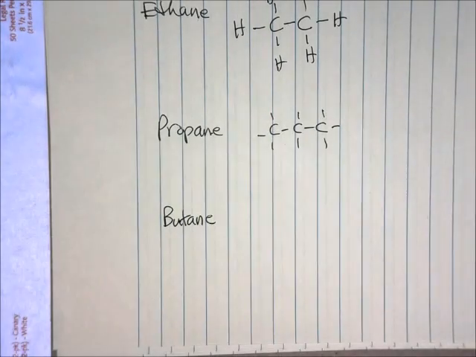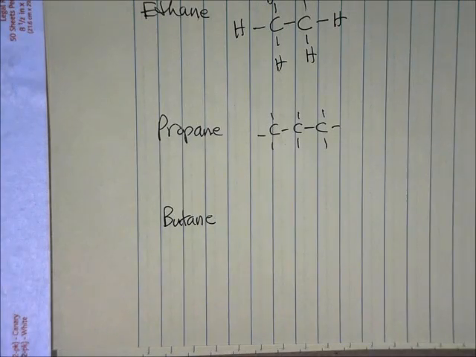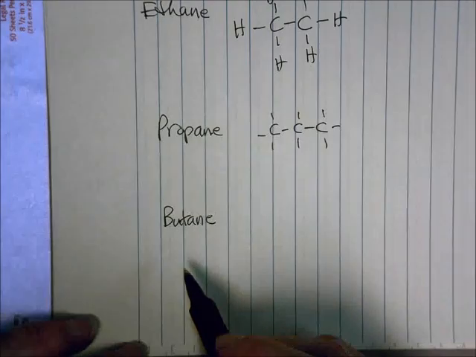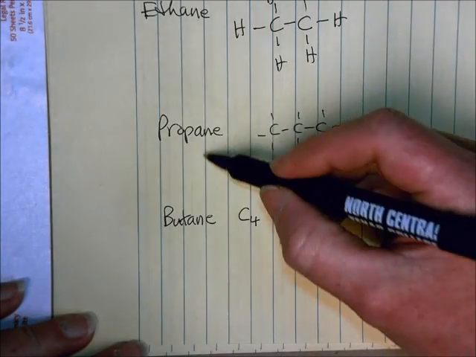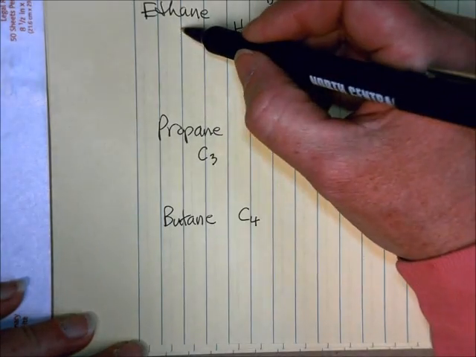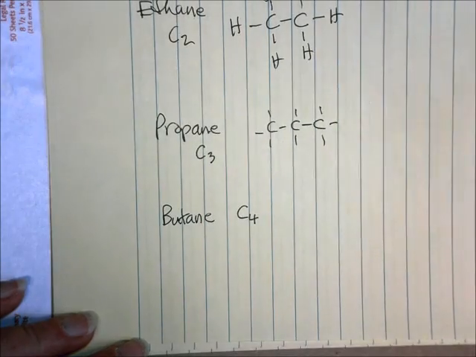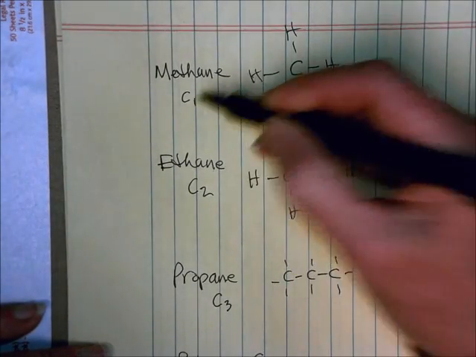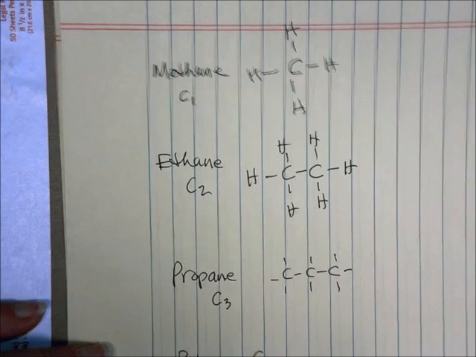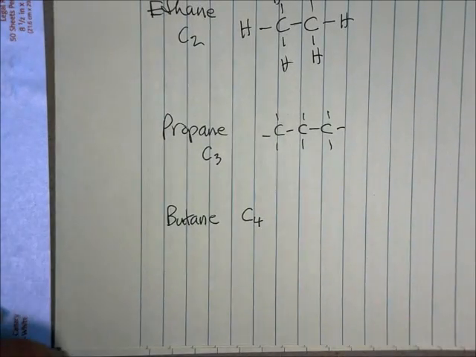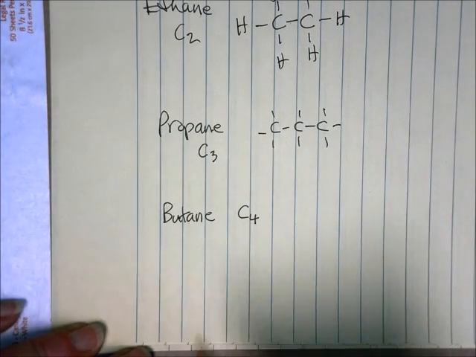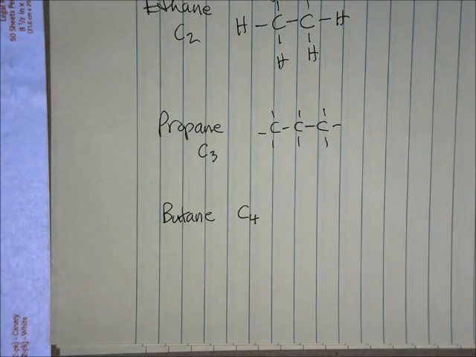They have the same composition, but a different arrangement of molecules. Butane is represented by C4. It has 4 carbons. Of course, propane is represented by C3, ethane C2, and methane C1. Now, as your book explains, that's not the official chemical representation of these chemicals, but that's a common abbreviation in the oil field. Now, butane will be 4 carbons hooked together.